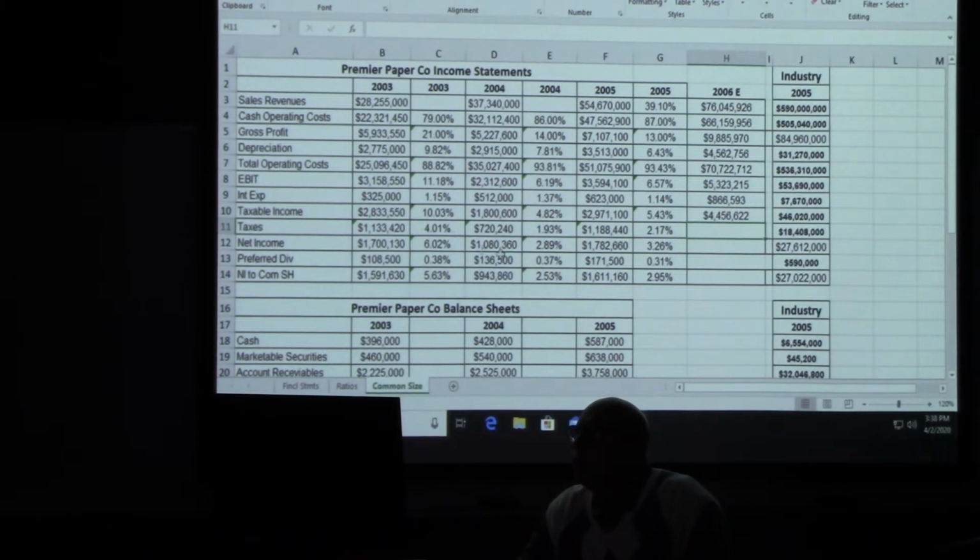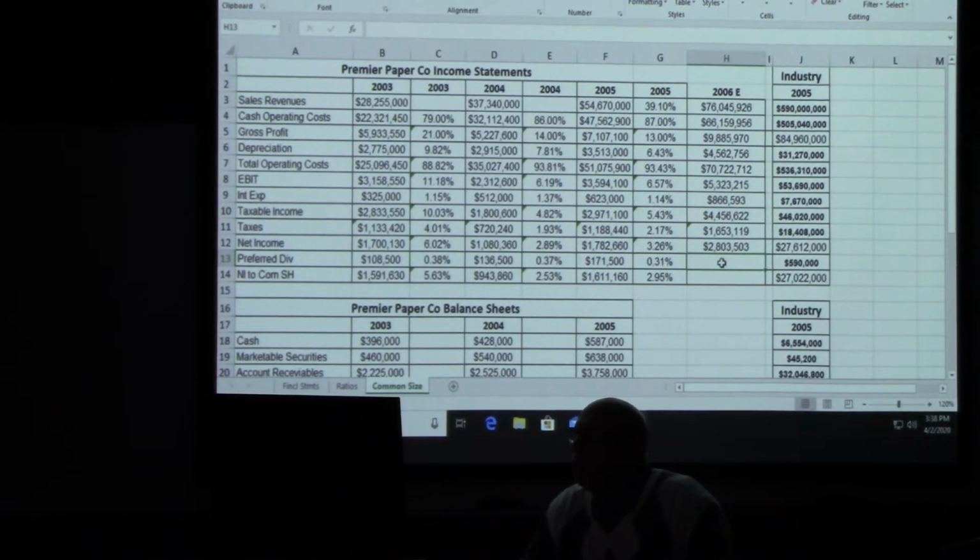And our taxes have been running about 2% of sales, so equals that times, let's go ahead, I feel okay using 2.17% there of sales. Of course, the taxes are related to taxable income, not to sales. And our net income is equal to that minus that.